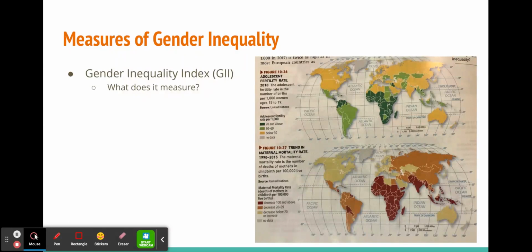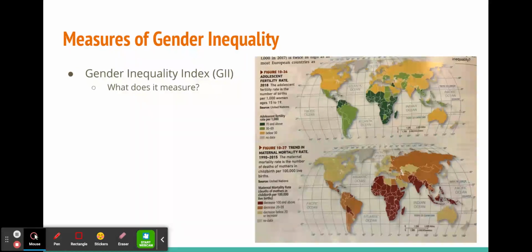Maternal mortality rates, which would be the number of women who die giving birth per 100,000 live births, globally is at about 216 per 100,000. In developed countries as a group, the number is about 16 per 100,000, while it is closer to 171 per 100,000 in developing countries.